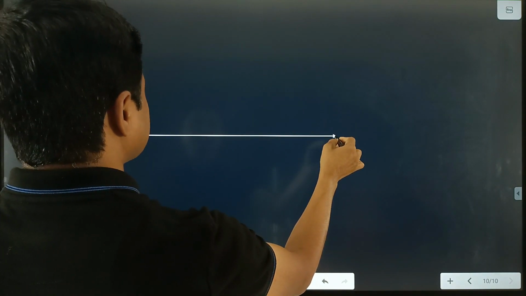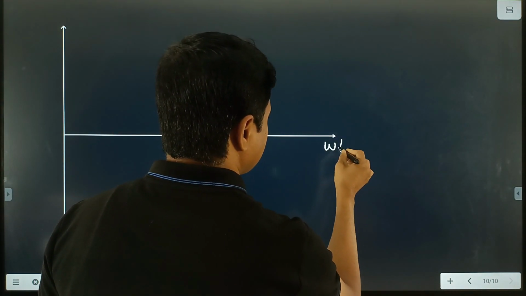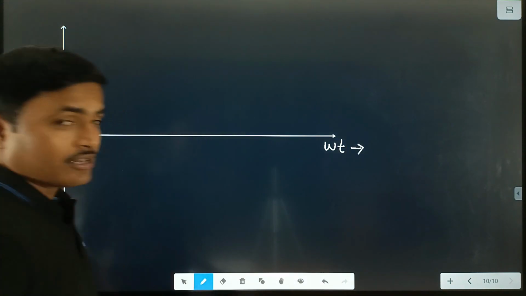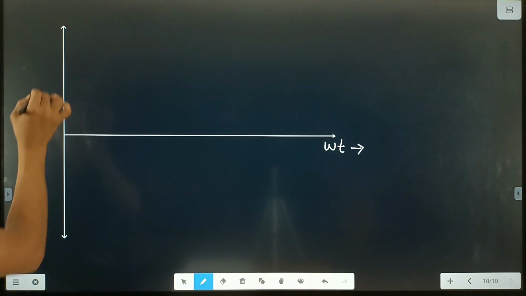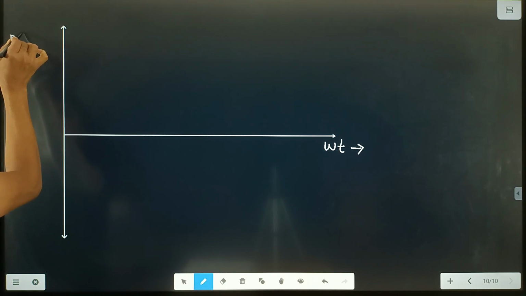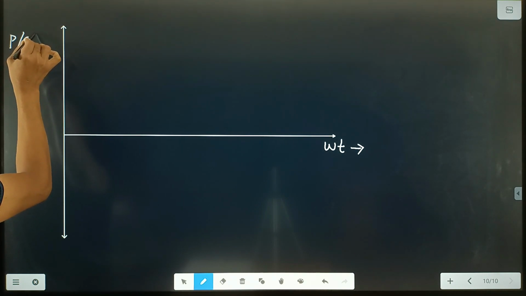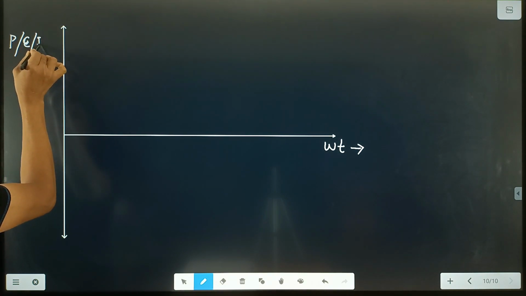This one is the x axis, and in the x axis we take omega t. And you draw here the graph for power, and in the y axis we may take power P, we may take voltage E, or we may take current. Clear?